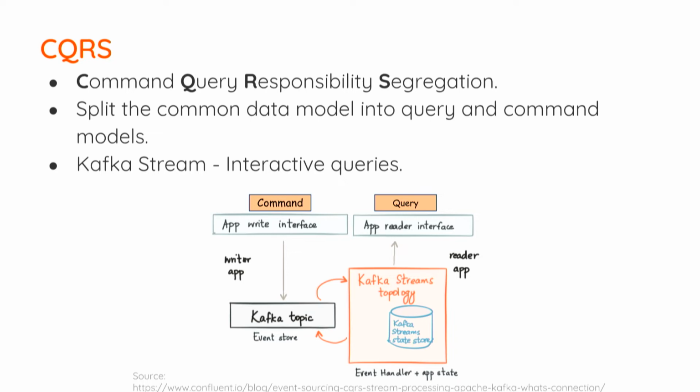So basically, this side can be a stream-backed REST service, for example, right? So here we have something called interactive queries in Kafka Streams, where you build a query kind of an interface on top of the Kafka data store and expose a RESTful interface on top of that.